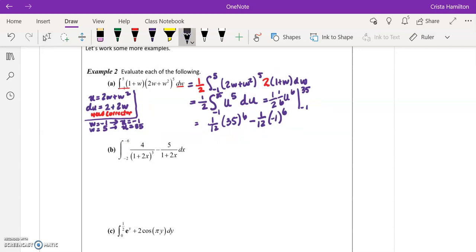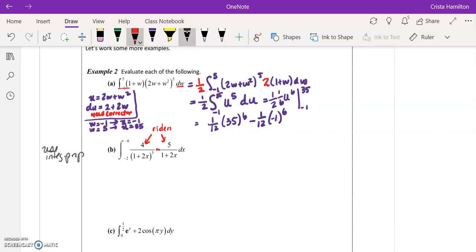All right, now let's take a look at the second one here. And the reason that this is in here is because sometimes you have to use integral properties. So you have to watch for that. Now, in this problem, I'm going to recognize that I have a couple of things here. I have constants that are going to be riders. You'll see why in just a second. I also see that I have a subtraction in here.